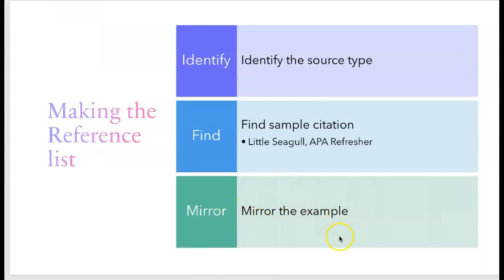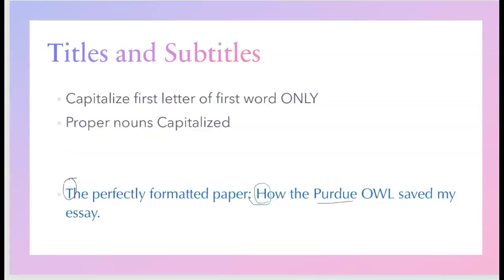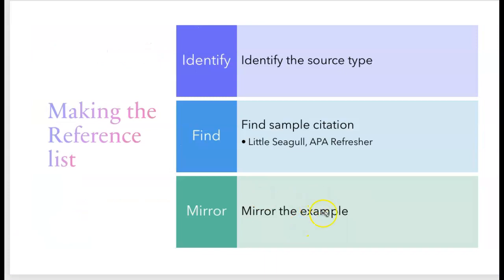And that's why it's so important, rather than just copying and pasting citations from various sources, that you understand the mechanics, the stylistics, how titles work, how the format or the formula works, because you can simply mirror that example.